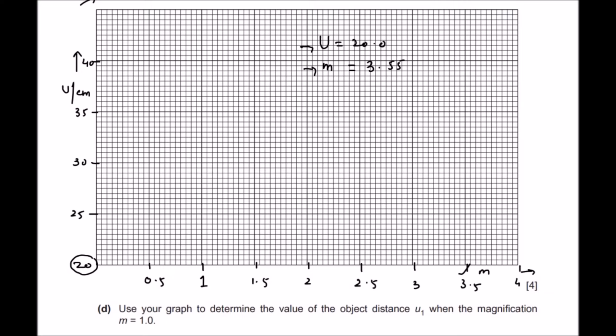You need to plot 3.55, that means count this block 1, 2, 3, 4, 5, and here you can see this is 3.55 according to the scale. Mark its point, this is the first point. Similarly, you can plot all the points following the table values of u and m. So you get the curve like this.